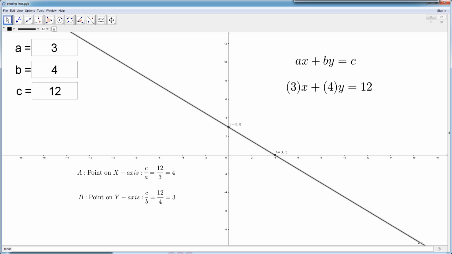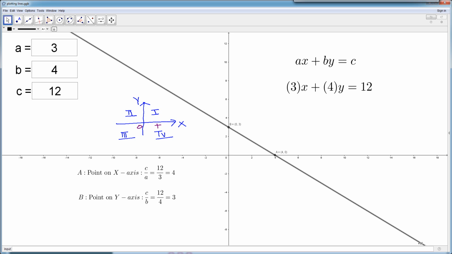In case you are not familiar with the coordinate system, let me recall it briefly. The horizontal axis is the x-axis. The vertical axis is the y-axis. We have 4 quadrants: first quadrant, second quadrant, third quadrant, and fourth quadrant. The positive points are on the right hand side of the origin on the x-axis.